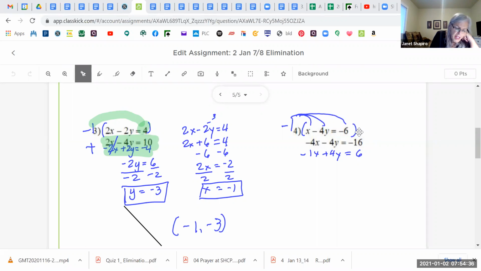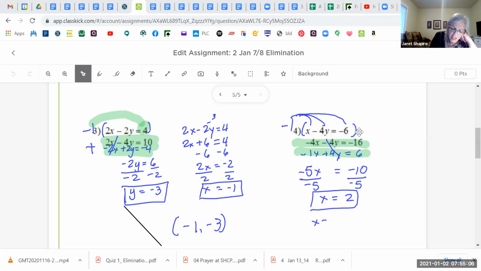All right. Again, now I'm dealing with these two equations. When I add, I get -5x, the y's cancel, and I get -10. I'm solving for x, it's multiplied by -5, so I divide by -5 and get x is 2. I'm going to pick either equation to simplify. I'll just take the first one, and I'm going to put x is 2.